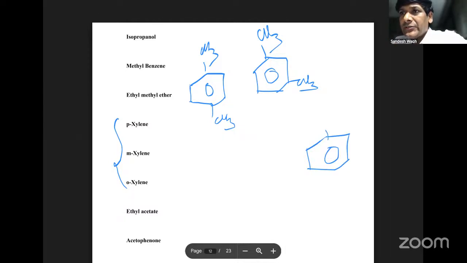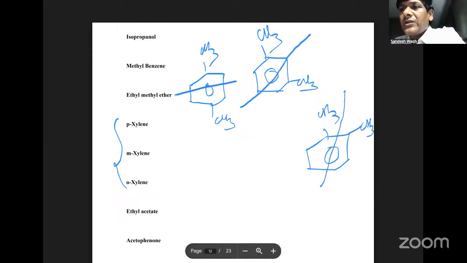So this is CH3, this is CH3. Now look here. In paraxylene you will have symmetry. In case of metaxylene, there is symmetry. In case of orthoxylene, there is symmetry.